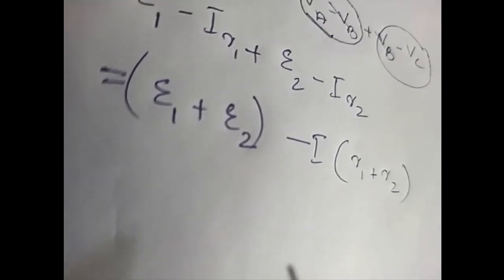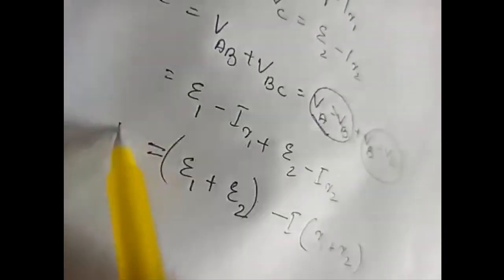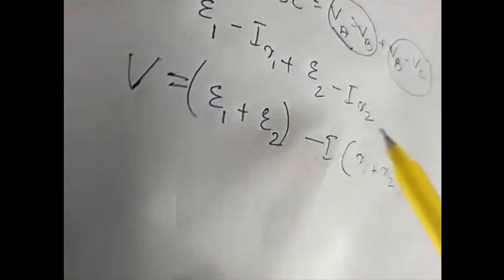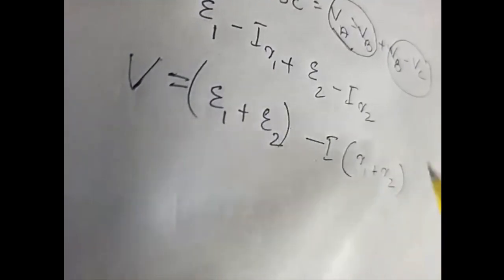So here we can see, if we are finding the potential difference between these two points, the total potential difference is the sum of the EMFs of the two cells minus the potential drop at each cell. Because R1 and R2 are connected in series, the resistances add up, and the EMFs also add up.